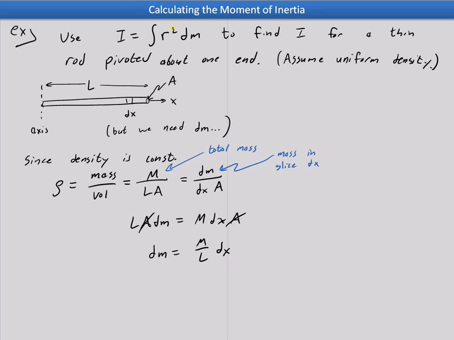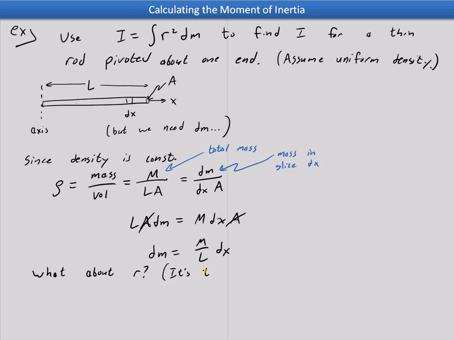Now one more thing. What about r? There's no r's in this problem. So how do we handle that? Well, what does r mean here? R means the distance from the axis. You're imagining little particles tracing out circles as they're spun around. So if I have a little particle here, how far is it from the axis? That's what this r means.